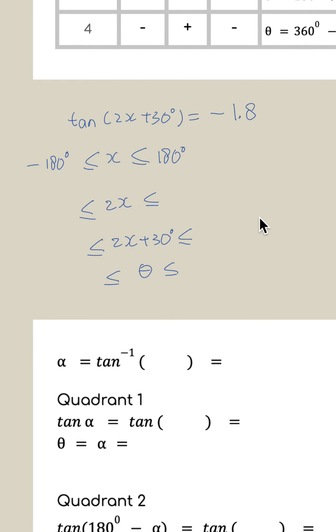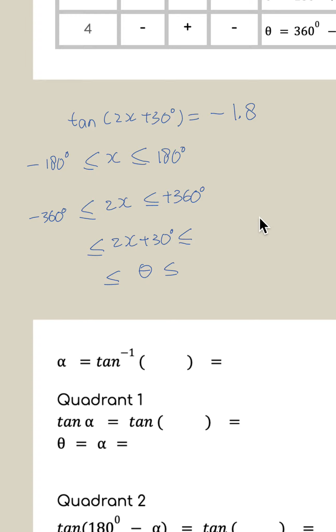Now we try out here. They give you the range of values of x, which is negative 180 to positive 180, which means that the value of 2x will be negative 360 to positive 360. But that's not the angle yet. The angle is 2x plus 30.